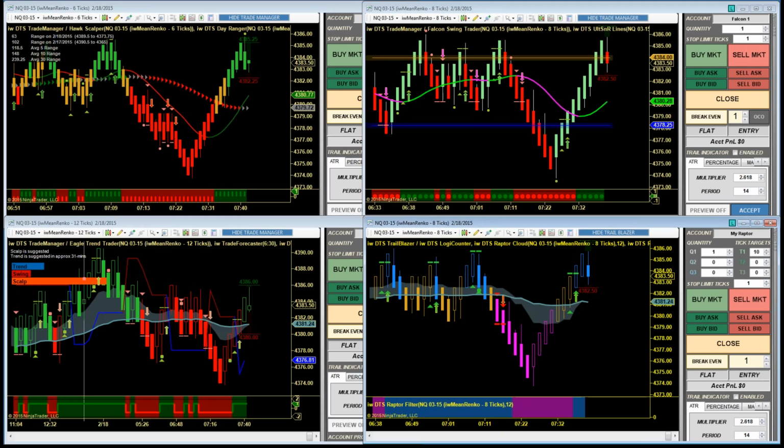So installation normally is very simple. You just download it, load it onto your NinjaTrader, and away you go. If you have difficulty with the download, Ben is available to help you set it up. But yes, all the default sizes, everything is set to run out of the box. There is nothing you really need to do except install it. So that's the short version of the long answer.